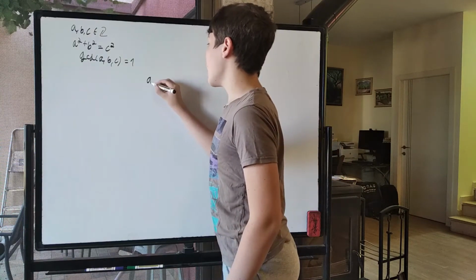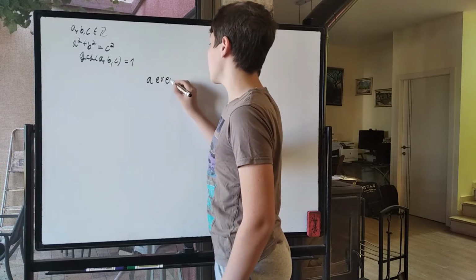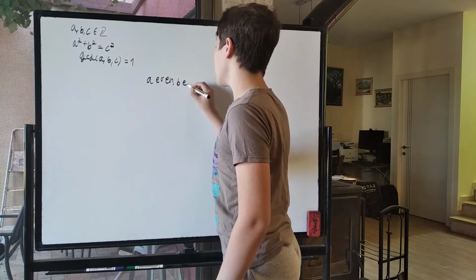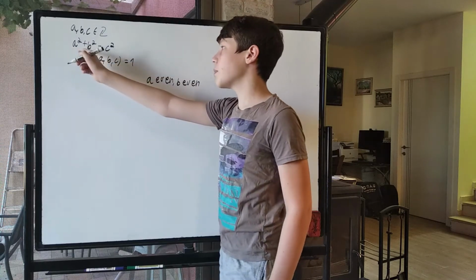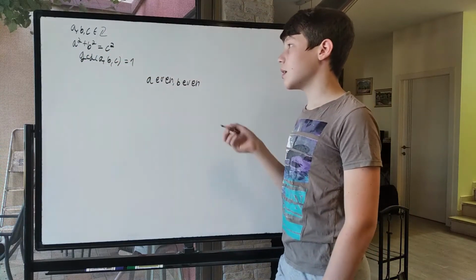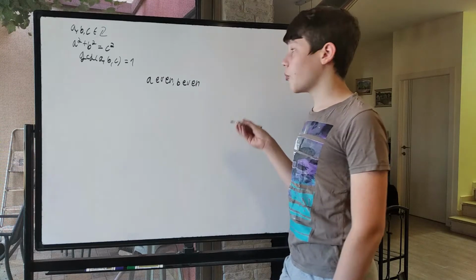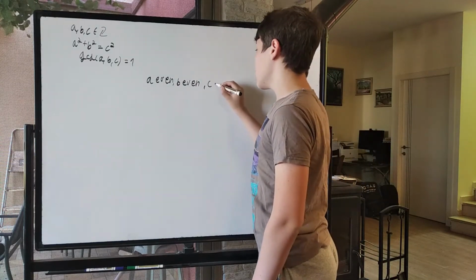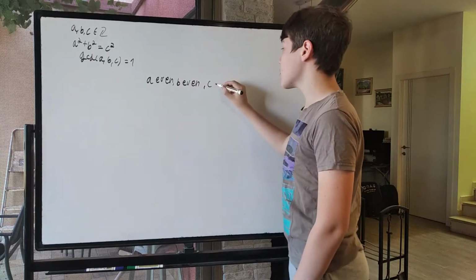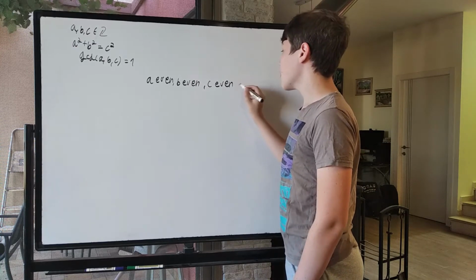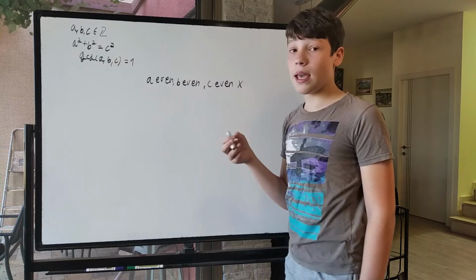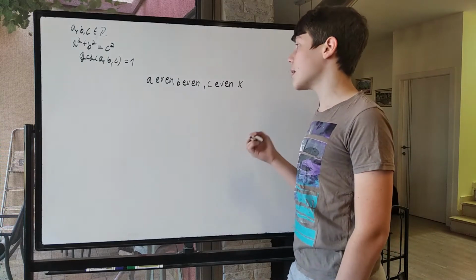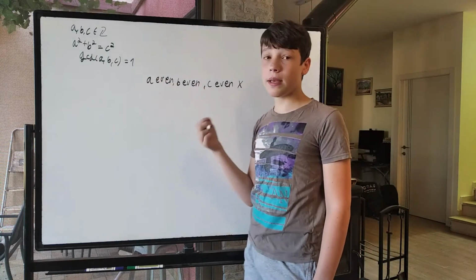Either A is even, B is even, and in turn, because even plus even has to be even, C squared will be even, and so C would be even. But that's already out of the picture, as this is not a primitive. They're all divisible by 2. So the GCD would have to be at least 2.